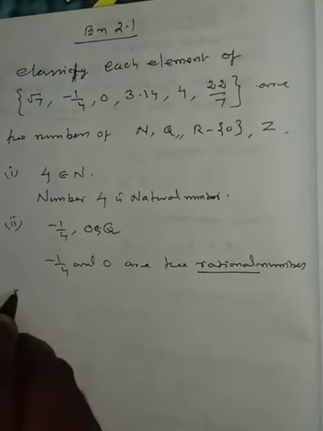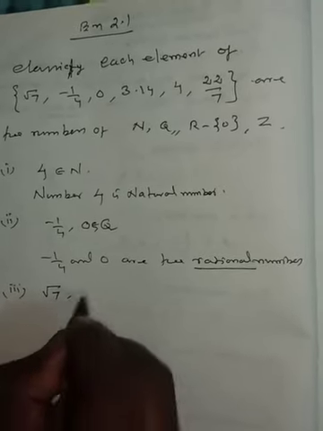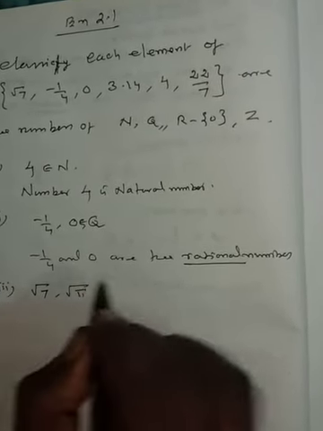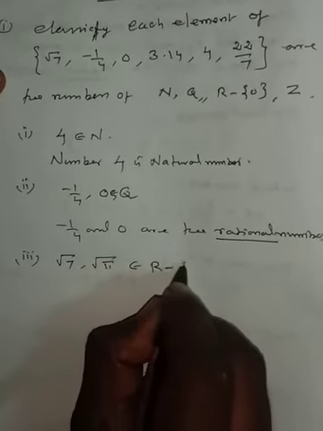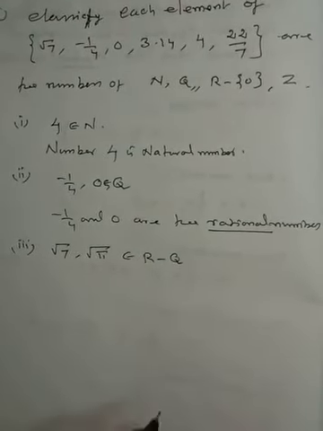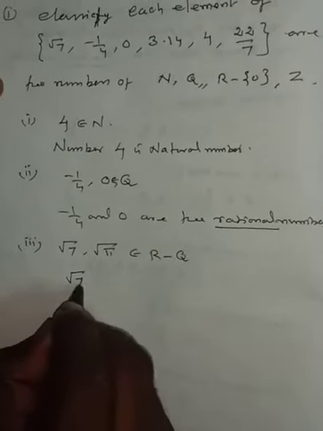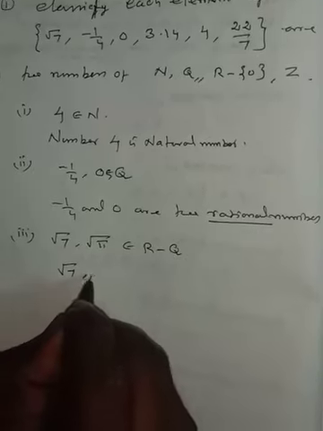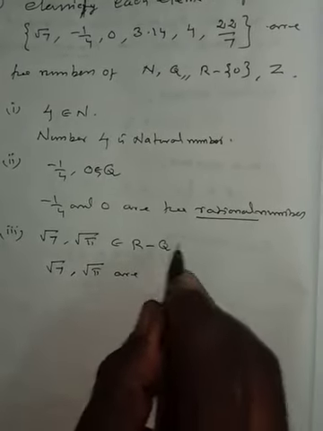Next subdivision number 3: root 7, root 5 belong to R minus Q. Root 5, root 7 are the irrational numbers.